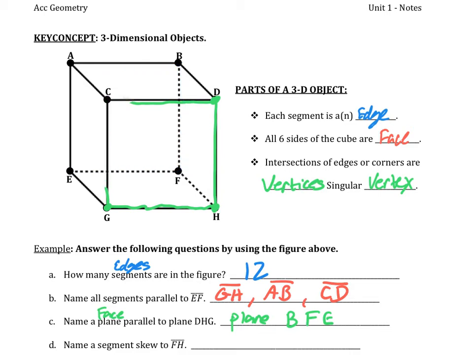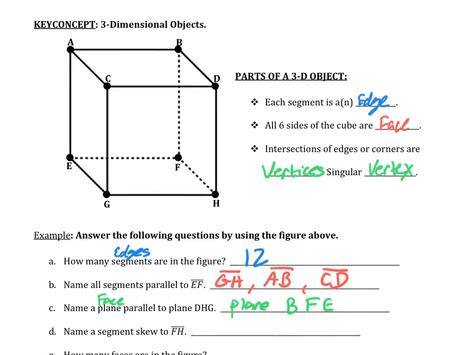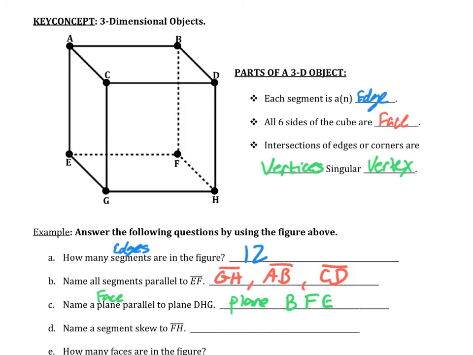Okay, so now let's take a look at naming skew lines. If we're thinking about skew, we looked at this as lines that are not intersecting but also not on the same plane.